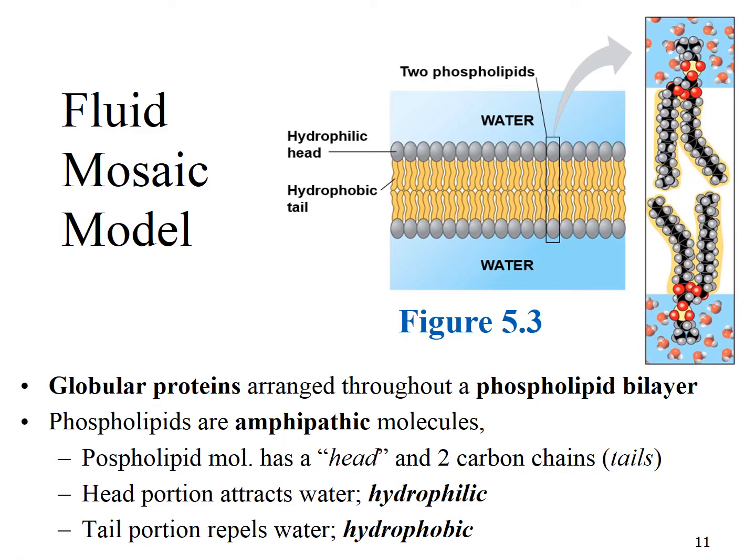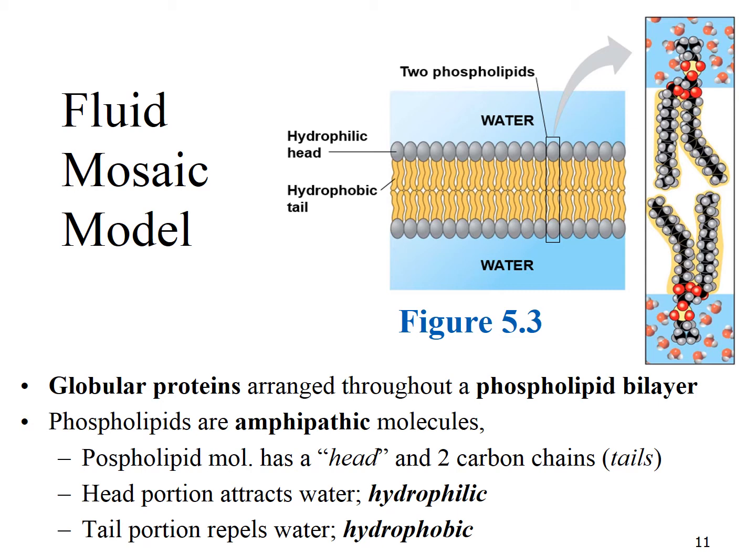The fluid mosaic model describes a membrane that is composed of a phospholipid bilayer with globular proteins randomly arranged throughout. The phospholipids are amphipathic molecules. Essentially, this means that different portions of the molecule will react differently to water. The head region, which is essentially a phosphate group, is hydrophilic.